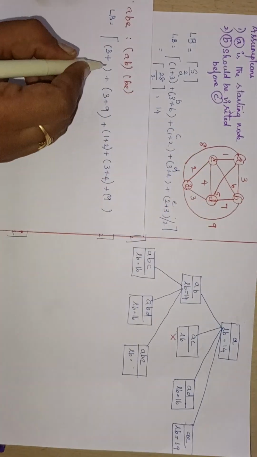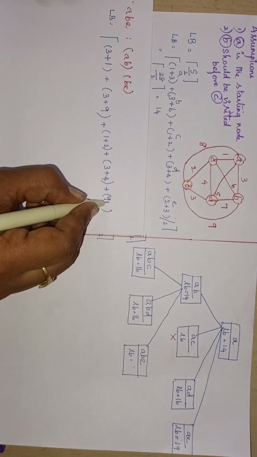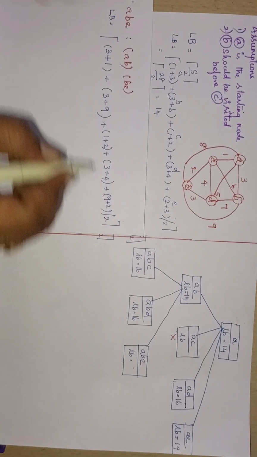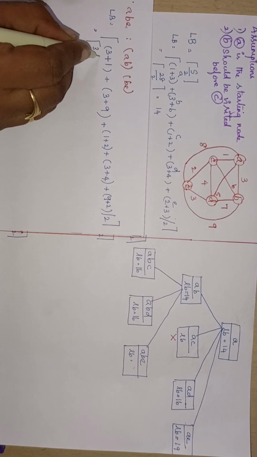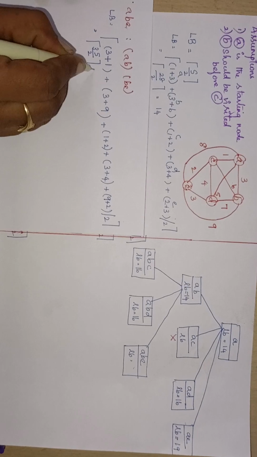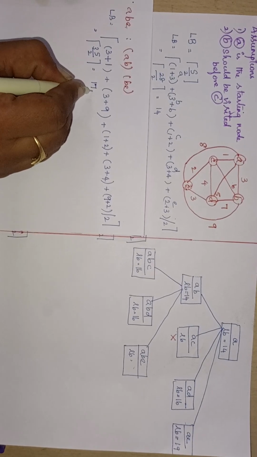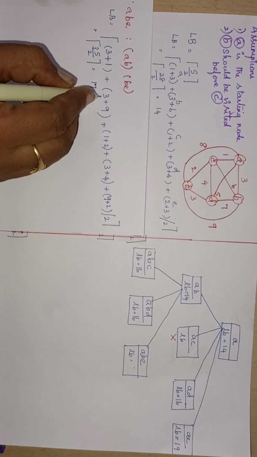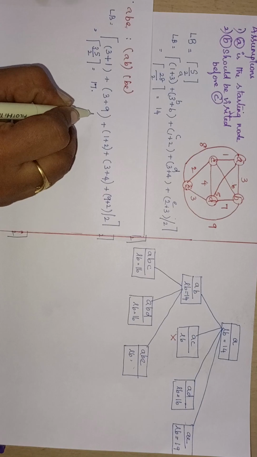A, it is 1, the closest distance, and for E, the closest distance is 2 by 2. So if I add all these, I will get 35 by 2, which is around 17 point something. And the seal of which will be 18.